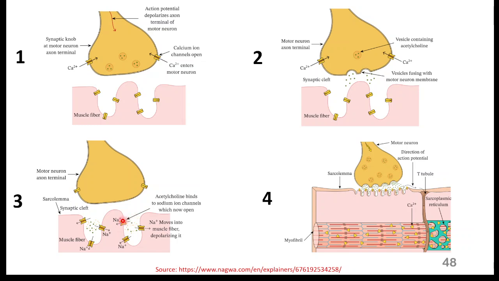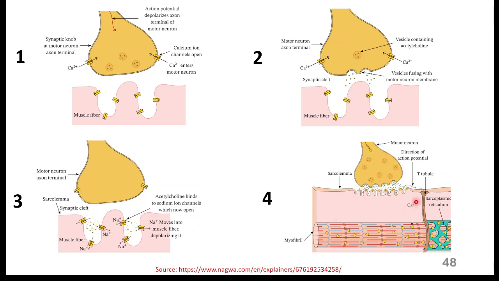So the sodium will thus depolarize the membrane of the muscle fiber, and this will cause a graded potential called an end plate potential. This end plate potential will pass into the T tubules.